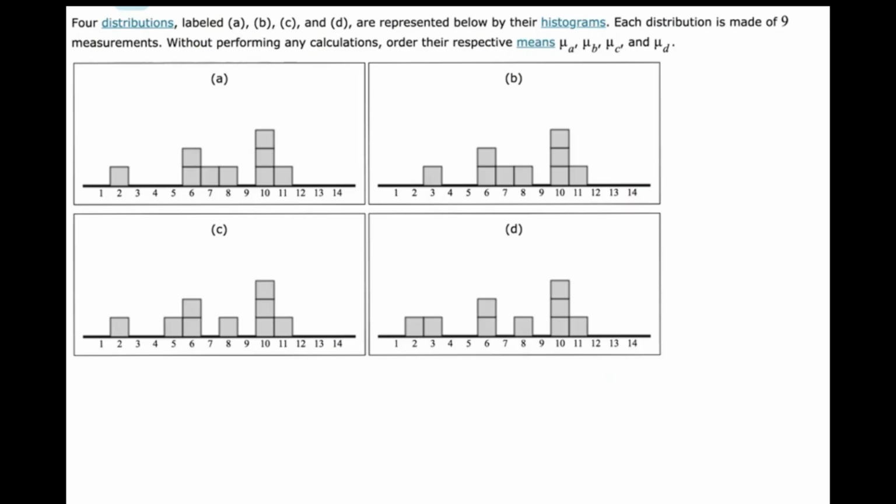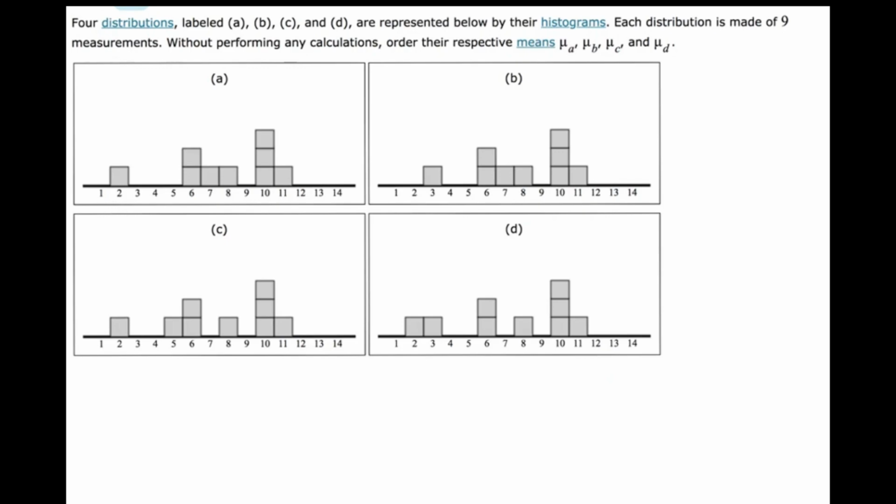To begin this task, I always look for 2 distributions that look almost identical. And when I look at distribution A and B, I see that the right and middle side of this distribution, they look identical. The only difference between them is that element that used to be at 3 for distribution B moved to 2.